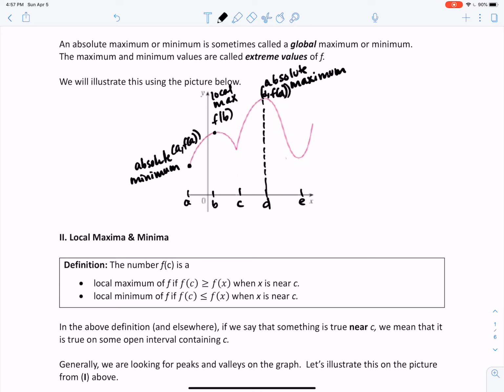Likewise, f(c) at this point here is called a local minimum of f because f(c) is less than or equal to f(x) for x near c, for example, in the interval b to d. The function also has another local minimum at e, so f(e) is also another local minimum.